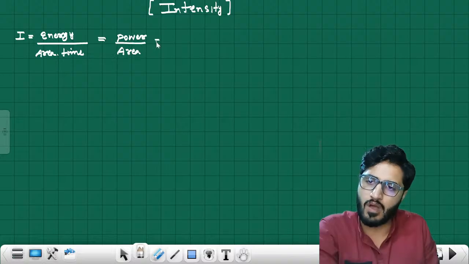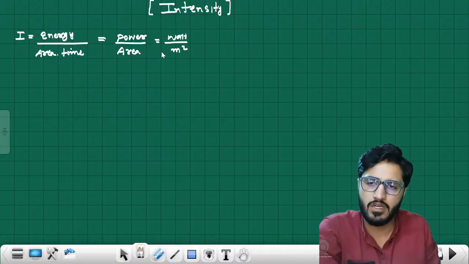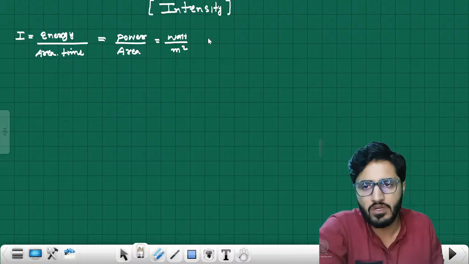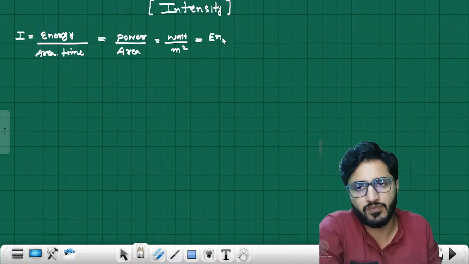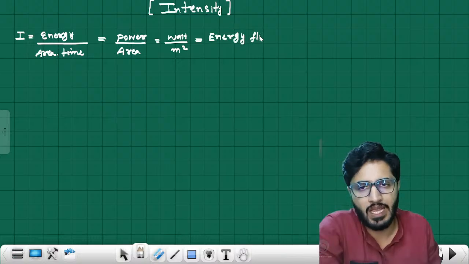Power is watt, area is meter square. So we can also write the whole thing as energy flux.